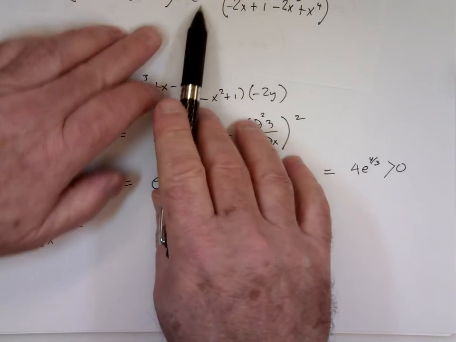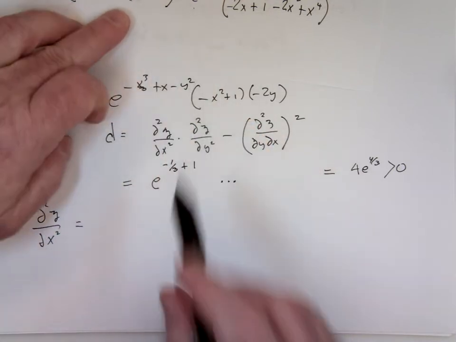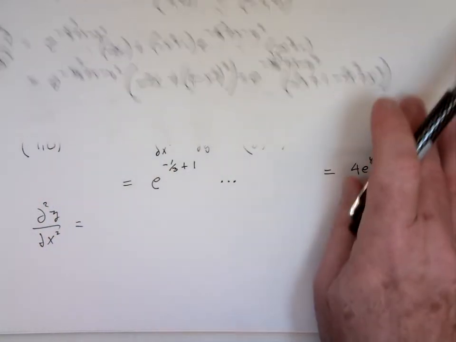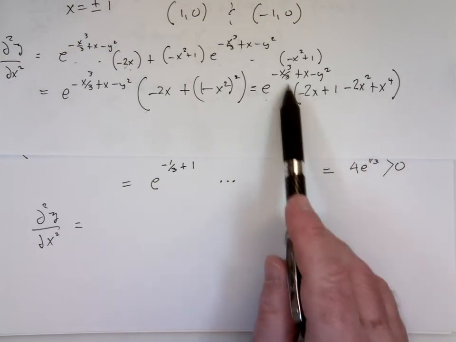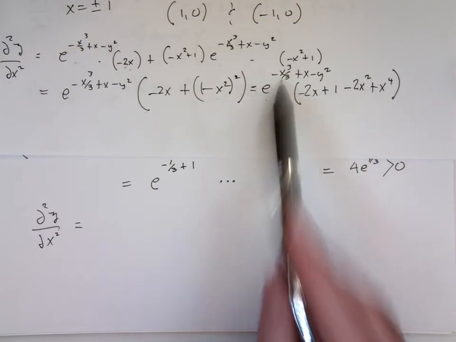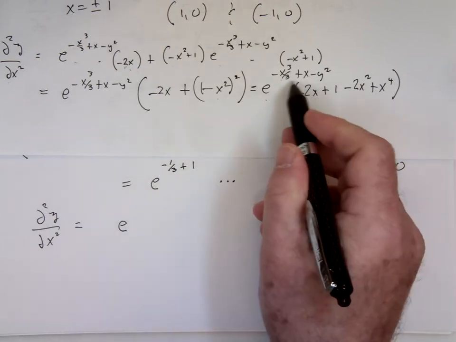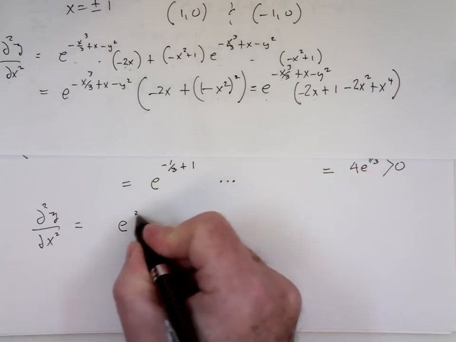When you substitute in the 1, 0, Dan, what do you end up with here? Put in a 1 and a 0. You get e to the, put a 1 in here, negative 1/3 plus 1 is e to the 2/3.